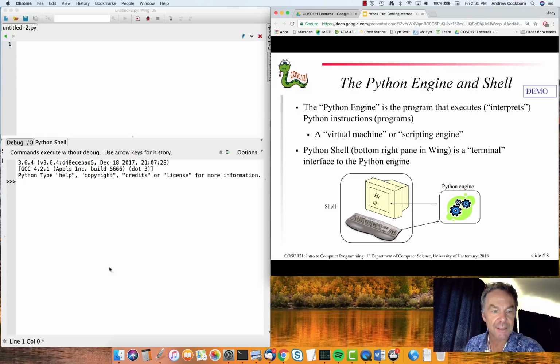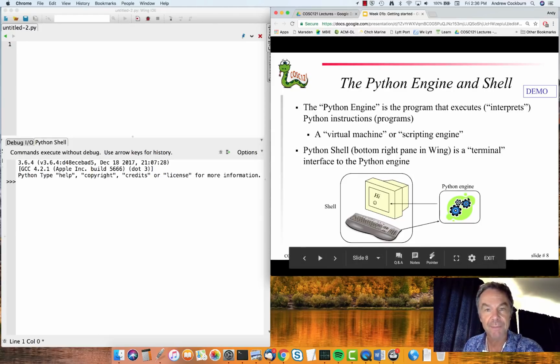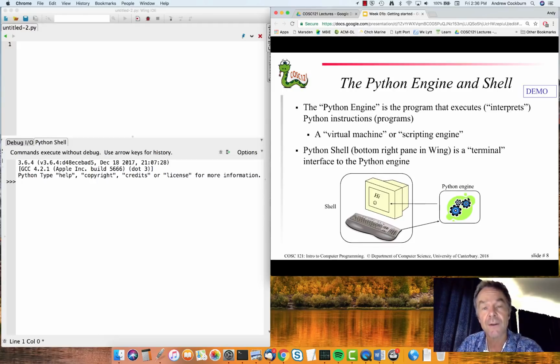The Python shell is accessible to us down here at the bottom left of Wing IDE 101. What it does is provide us a very simple interface for accessing the Python engine. The Python engine is simply a program that interprets whatever instructions the user sends to Python. So it's essentially the implementation of the language.